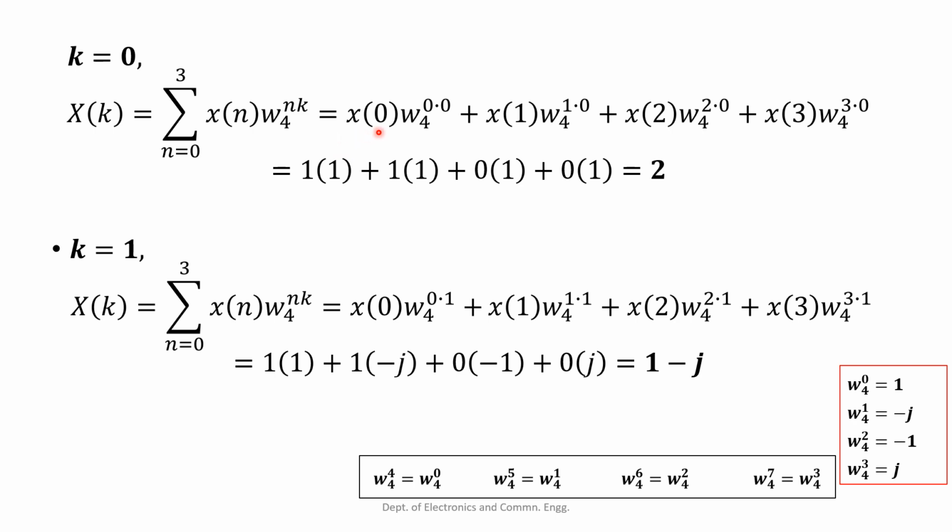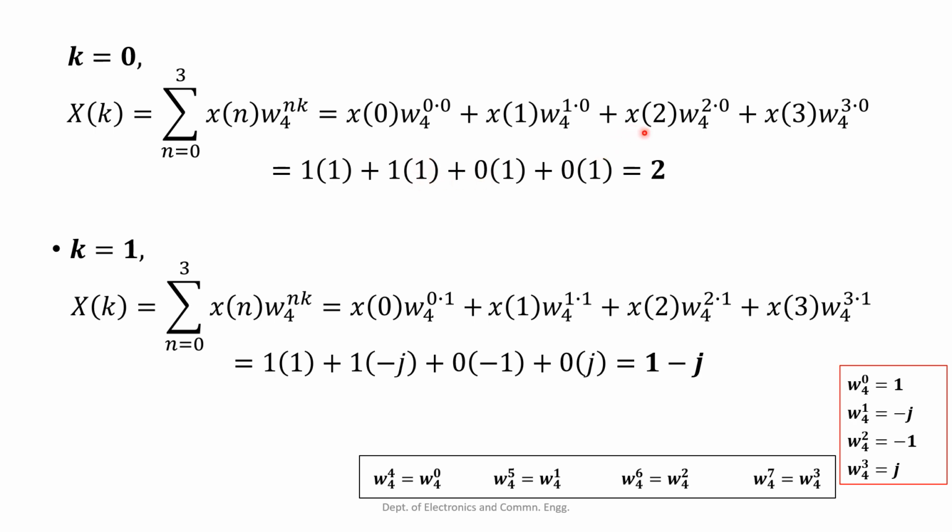X of 0 is known, that is given in the question itself, that is equal to 1. This will become omega 4 to the power of 0. Anything raised to the power of 0 will be equal to 1. So that is being substituted. Then x of 1, that is given in the question itself, that is also equal to 1. Omega 4 power 0 it will become, so that is once again 1.